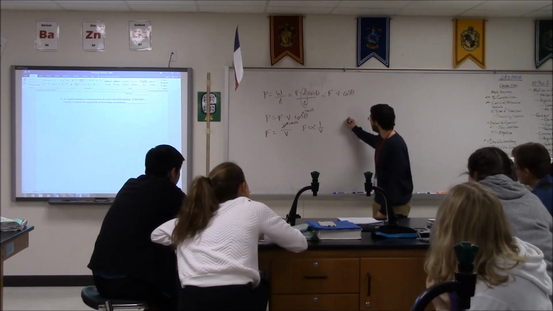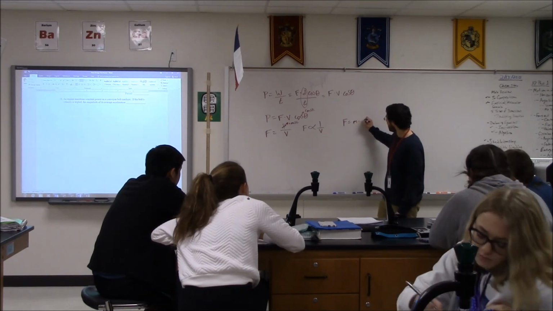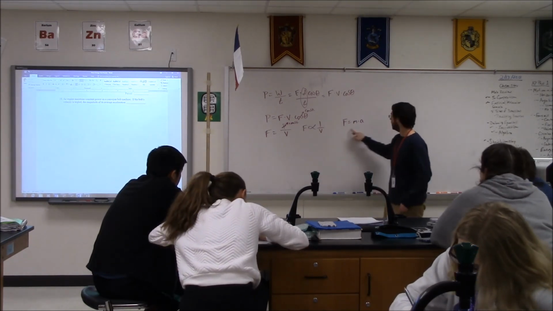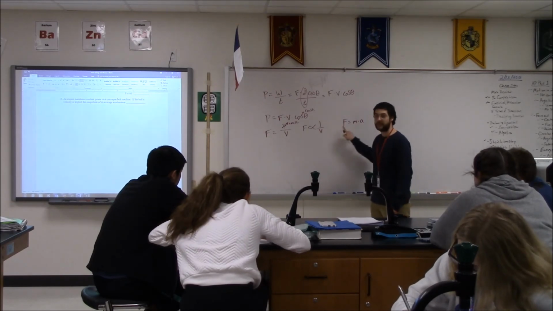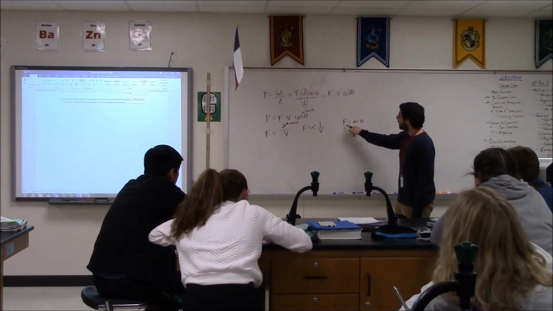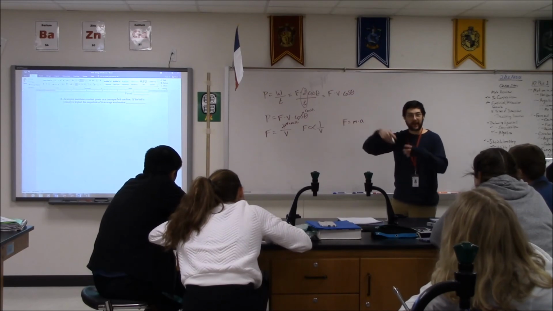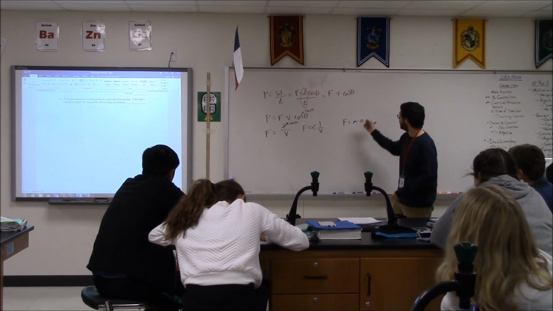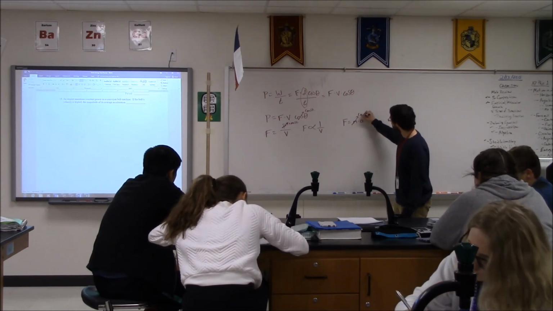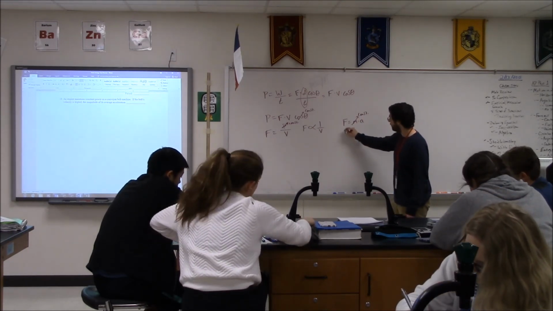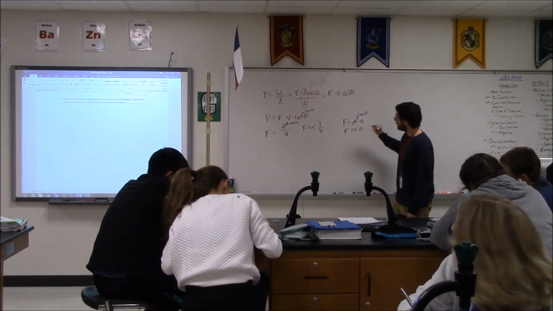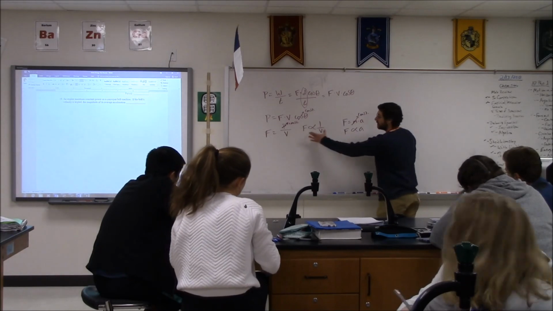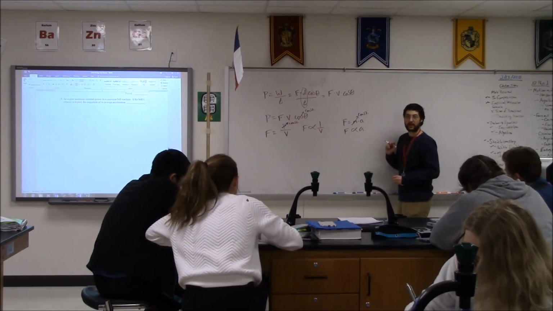Okay, so force equals mass times acceleration. So that contains one of the things I want and one of the things I know, right? Okay? Anything that I put on that conveyor belt is going to stay the same mass the whole time, right? So that means that this is constant, which means that force is proportional to the acceleration. That means I can swap them out and won't change anything, right?